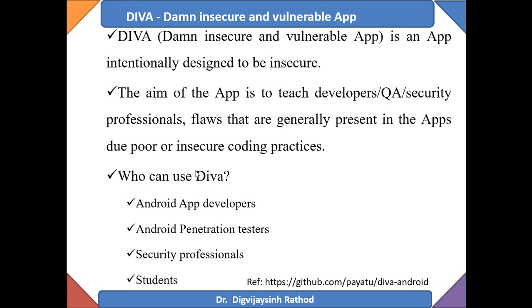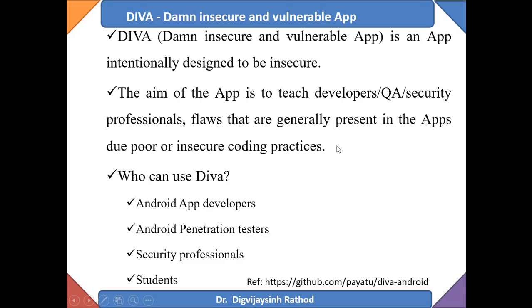The first one is Diva, which is a Damn Insecure and Vulnerable Application, and this application is intentionally designed to be insecure for learning purposes, to enhance your skills. The aim of the application is to teach developers, quality assurance, and security professionals the flaws that are generally present in applications due to poor or insecure coding practices.